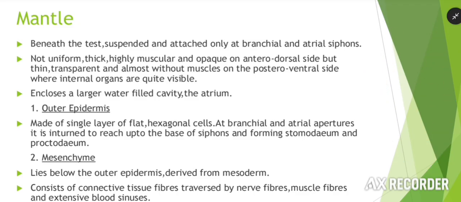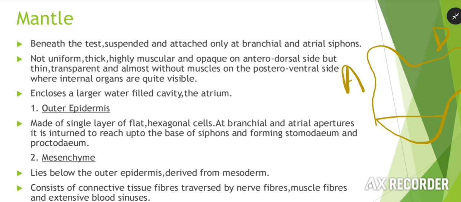this is not uniform. It is thick and highly muscular and opaque on the anterodorsal side. Okay, so let's see here. ठीक है, अब ये हो गया इसका anterior or dorsal side. Okay, so this one is the anterior side and this one is the dorsal side.